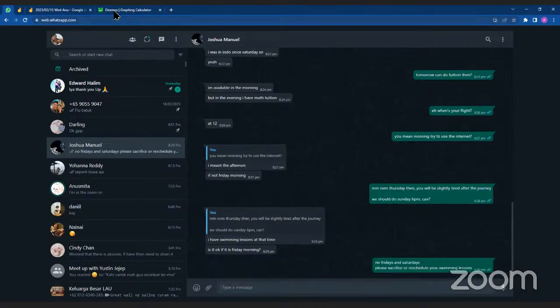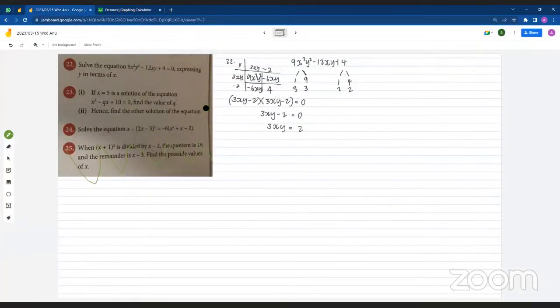What do they want when they say expressing y in terms of x? Oh, right. Okay. So you are at a normal situation, right? Even at this one, this one should be okay. And this one should be okay so far, yeah.